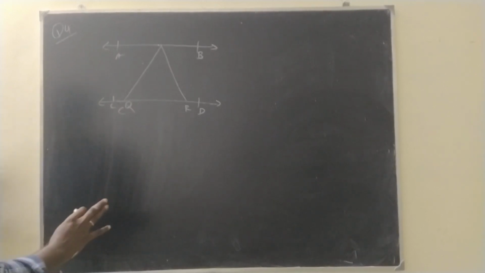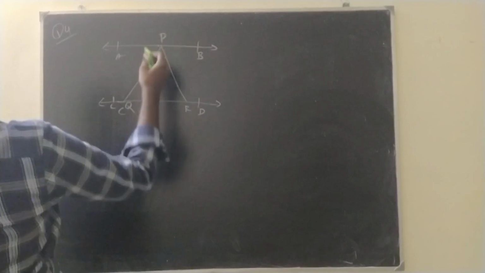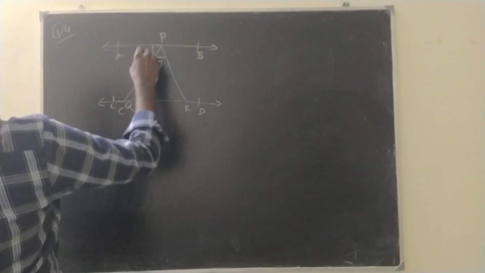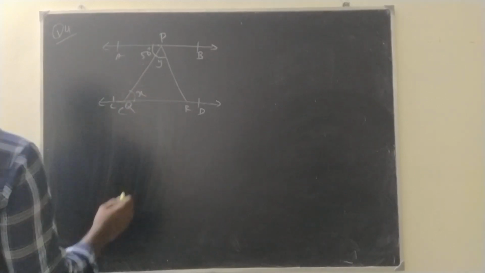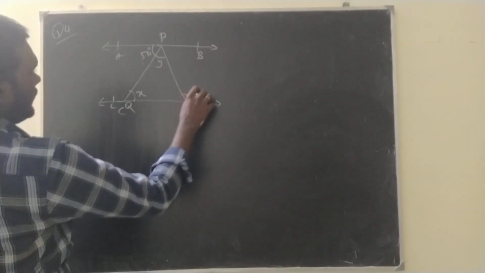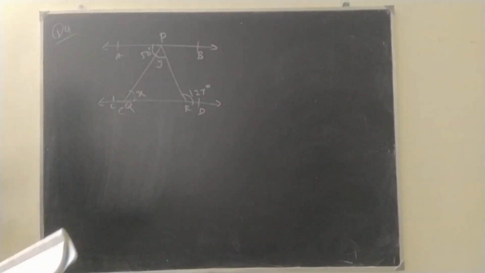Also, simply they gave it in the given figure. This angle is Y, this is triangle PQR, and here this half is 50 degrees, this is X, and here we have 127 degrees. We need to find X and Y.